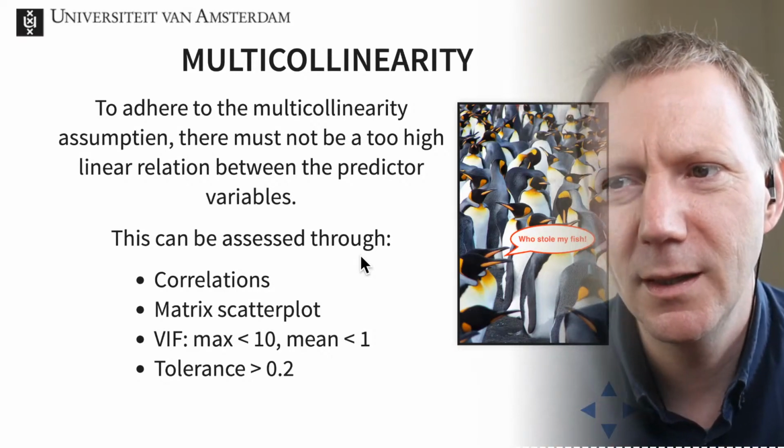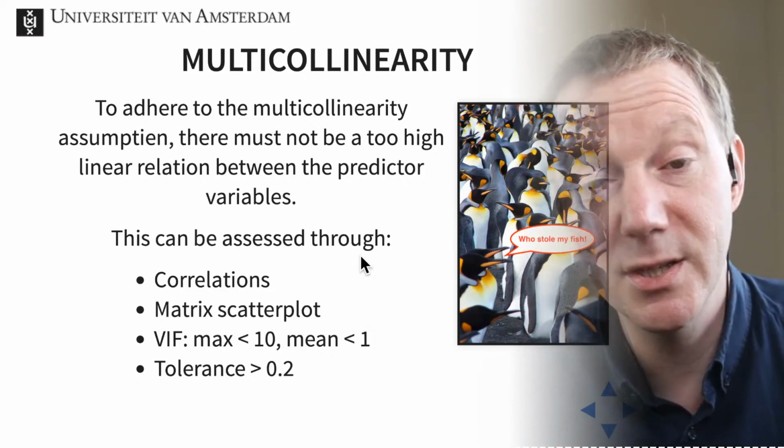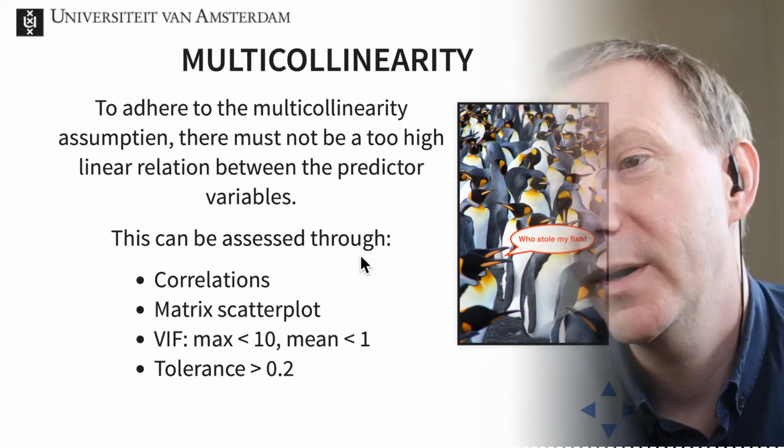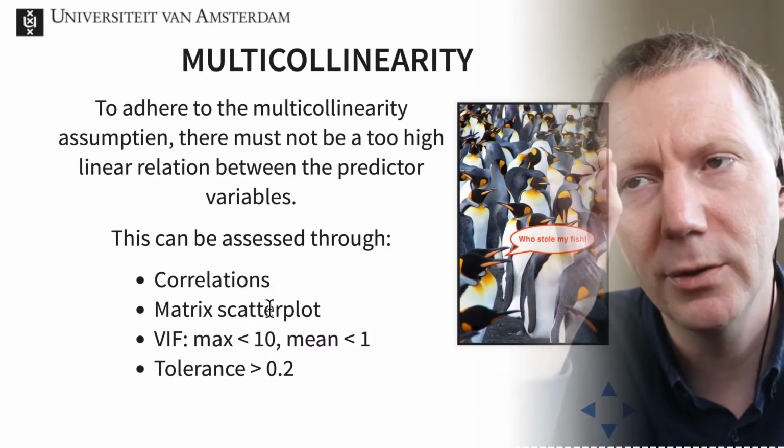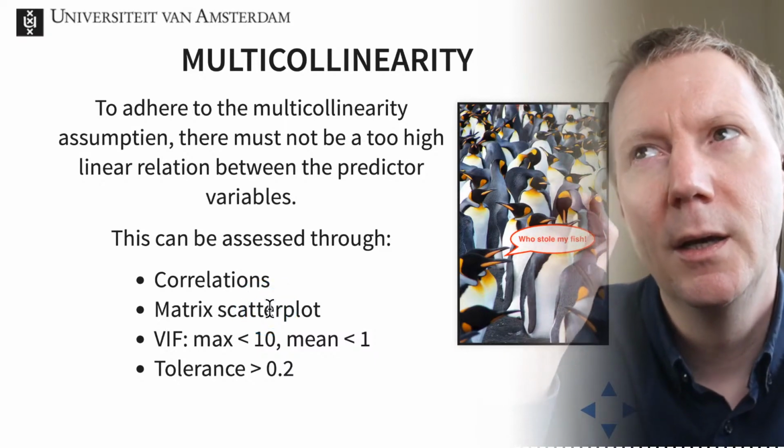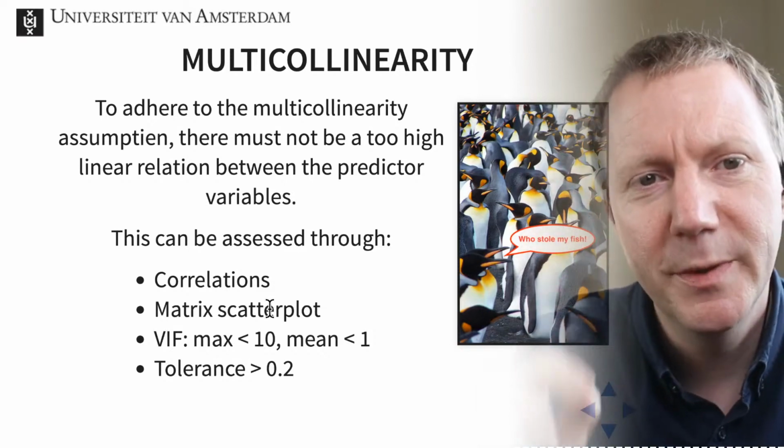So looking at the correlations is one thing. It's a good start, but also create a scatter plot on all the possibilities between each predictor.